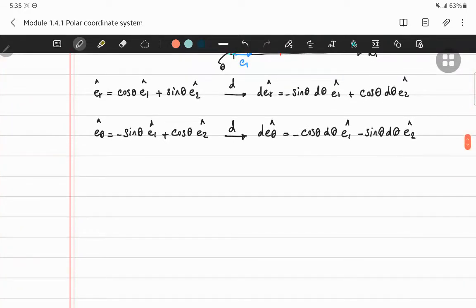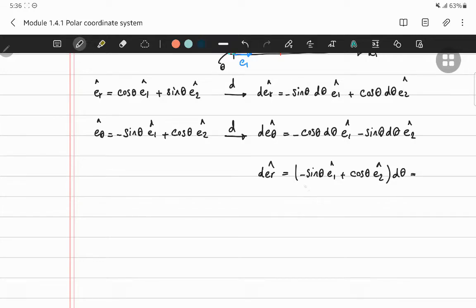If we further simplify this, you'll see dE_r is equal to minus sine theta d theta e1, and if we factor out this d theta, we get minus sine theta e1 plus cosine theta e2, times d theta.